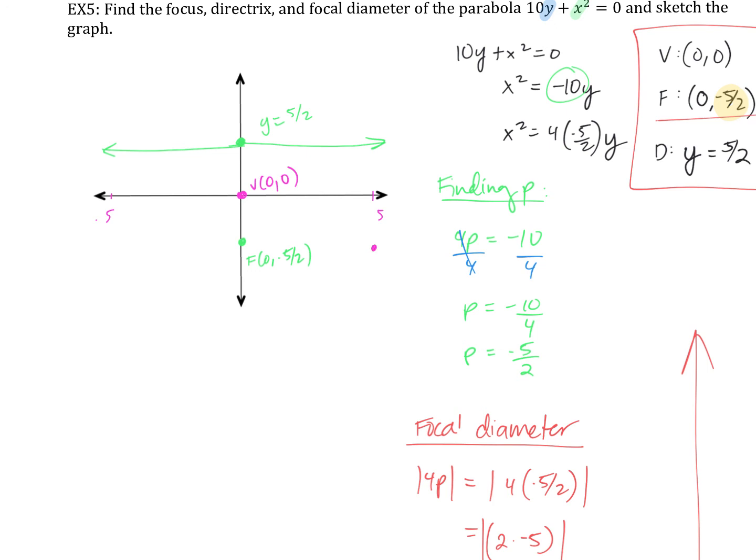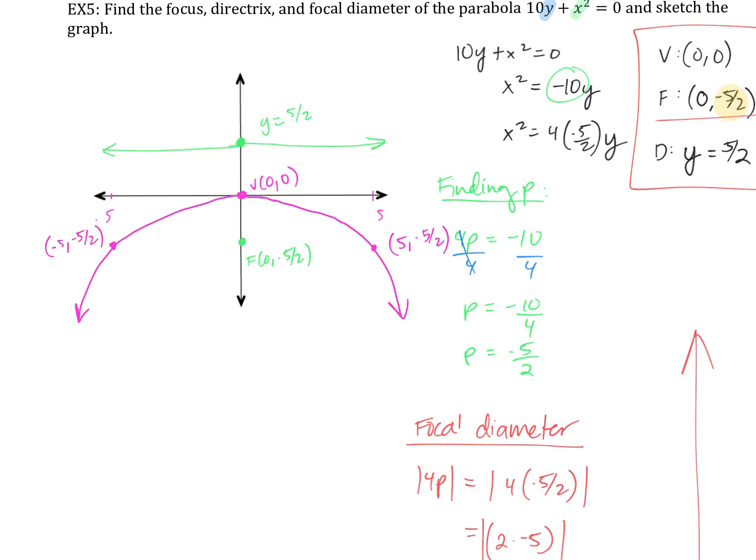It's supposed to be in line with the focus. That looks better. Okay, and there we go, with our arrowheads. Once again, arrowheads are part of the graph, so make sure you put those in. Then we get the points 5, negative 5 over 2, and negative 5, negative 5 over 2.